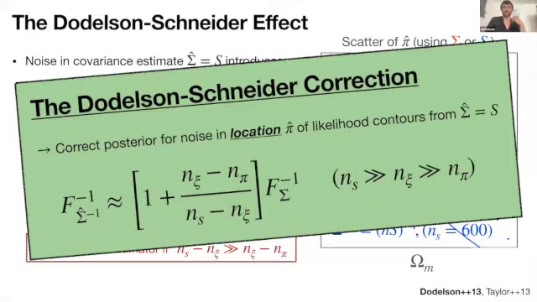And what they're basically saying is, the true posterior width given your noisy data covariance is given by this factor in the square brackets, which multiplies the true posterior covariance if you had access to the data covariance. This correction is valid if you have many more simulations than bins in your data vector, and this in turn is much larger than the number of parameters you're trying to measure.